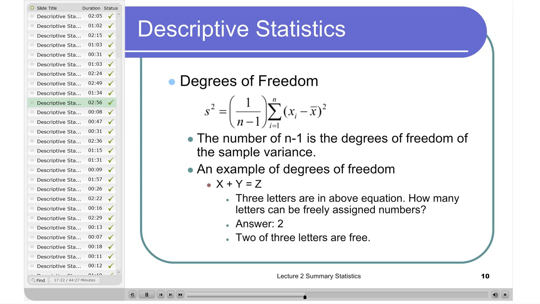The n variables in the equation are x1, x2, and so on up to xn. And those x's are related to each other, and I don't want to get too much into the details, but it has to do with the fact that the sample mean is related to the x sub i's. So to make a long story short, there are n variables in that equation, and they're related to each other, and therefore the degrees of freedom is n minus 1.